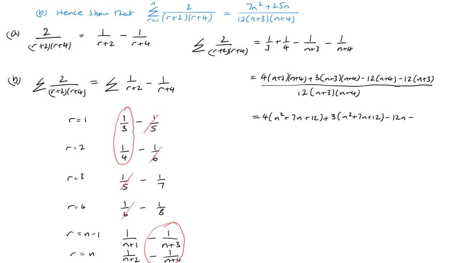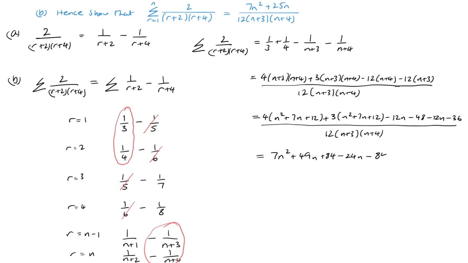12 times 4 is 48. And it's 12n. Okay, sorry, just skipping ahead slightly there. So now we've got 7n squared plus 7 times 7, 49n, plus 84, minus 24n, minus 84, over 12(n+3)(n+4).